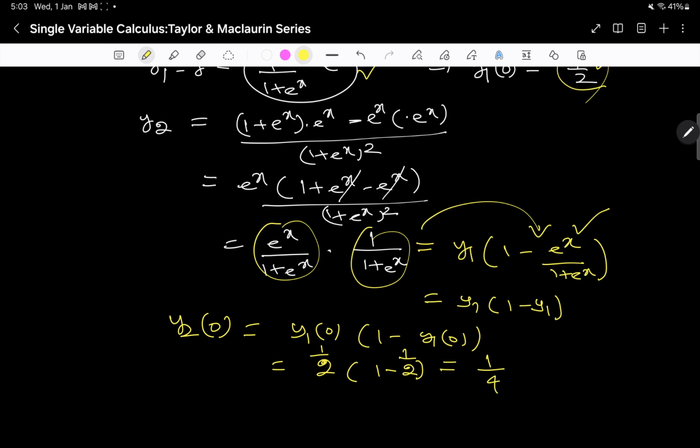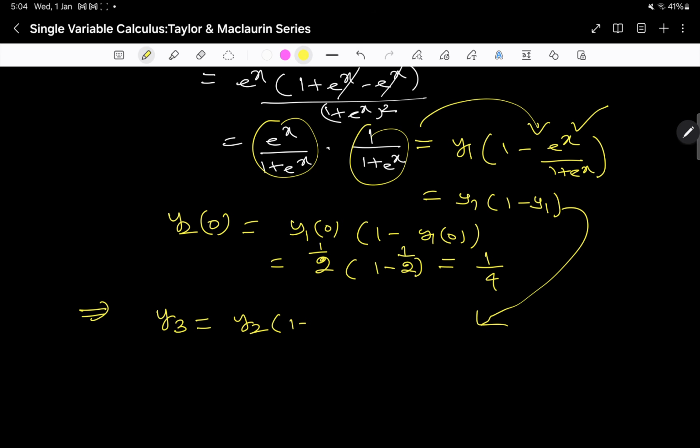Likewise, I calculate y3 and y4. So if I differentiate it now, derivative of first into second: the derivative of y1 is y2, minus y1 into the derivative of y2, which is minus y2.